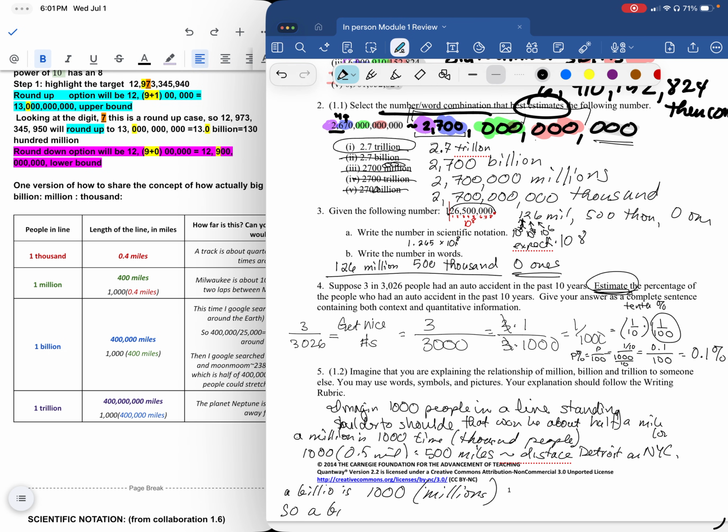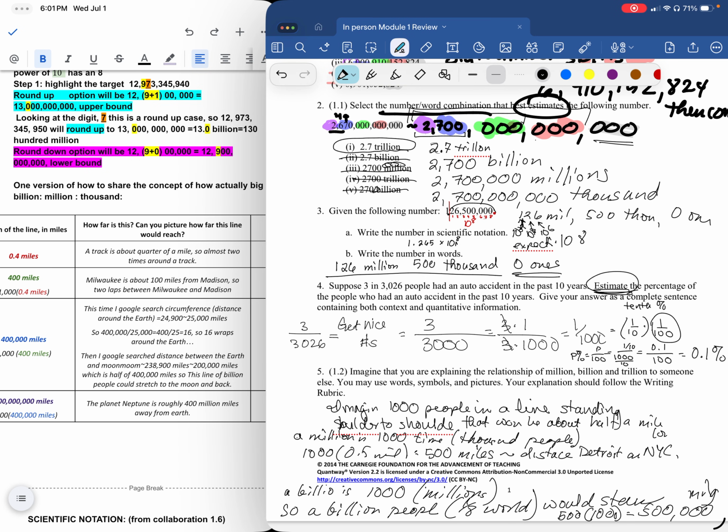So a billion people, which is 1/8 of our world, would stand 500 times 1,000, so 500,000 miles.